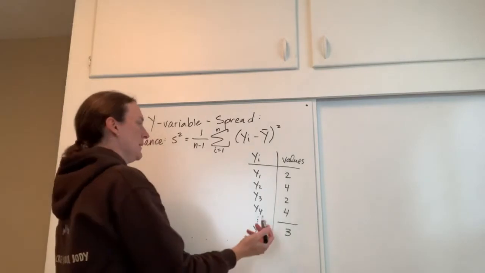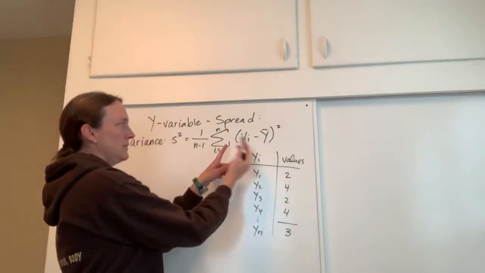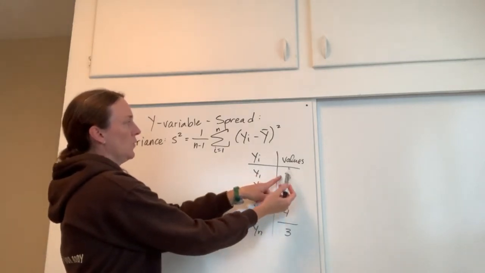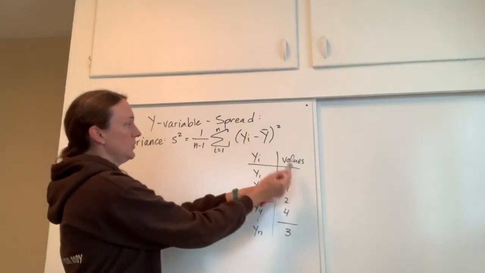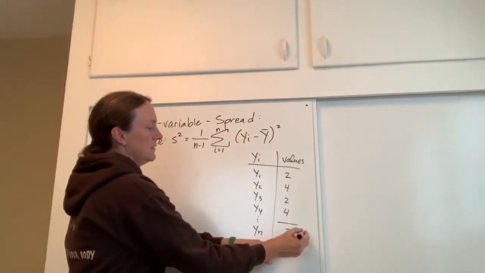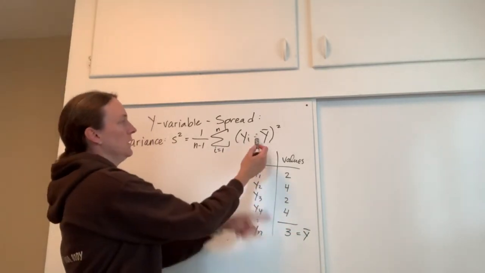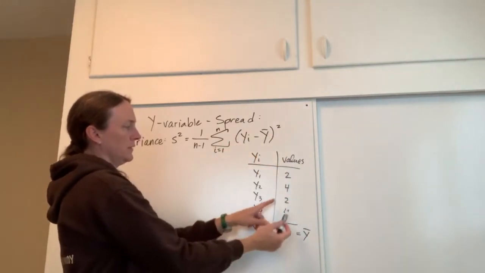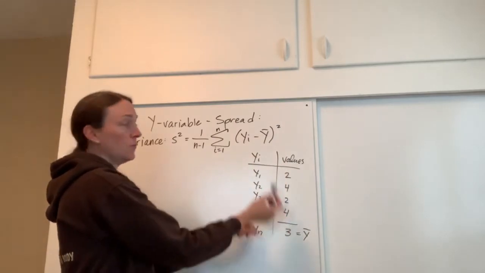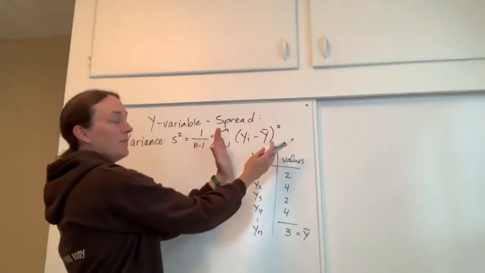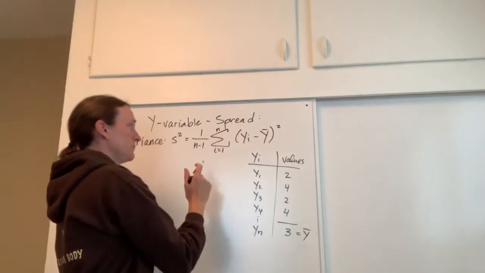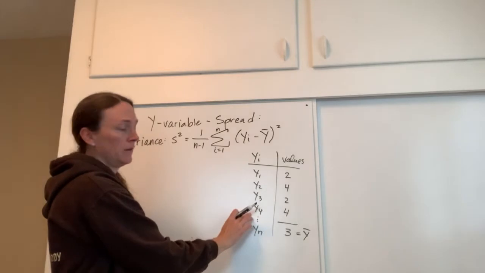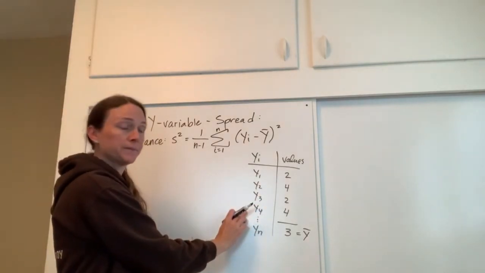So if I were to do this equation for this set of data, my first y sub i is 2, and I would say 2 minus 3, because 3 is the mean. 2 minus 3 squared, plus 4 minus 3 squared, plus 2 minus 3 squared, plus 4 minus 3 squared. I would add all of those values up, and then divide by n minus 1. In this case, n is 4, so n minus 1 is 3.